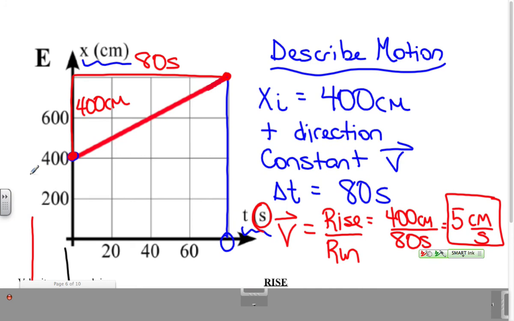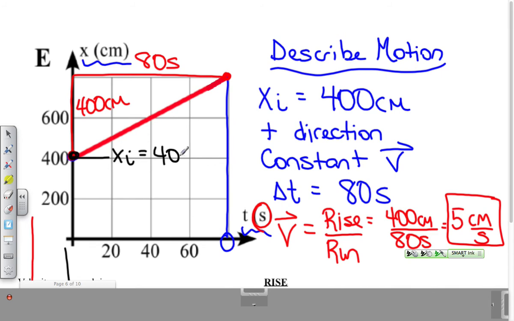I'm going to use green. I know that my xi right here, maybe I'll use black, my xi right here was 400 centimeters. My xf up here was 800 centimeters.